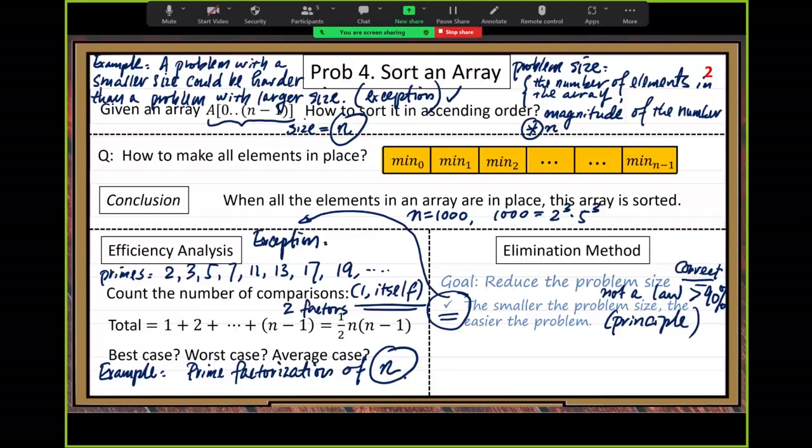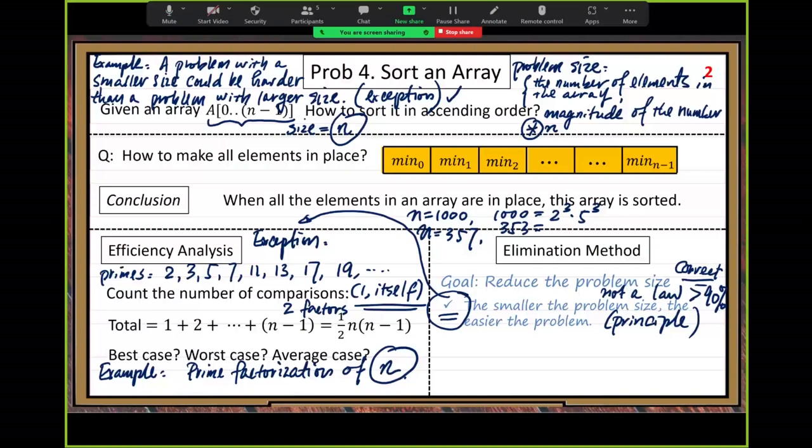Then, let me give you another question. N equals 357. The problem size is smaller, right? 357 is smaller than 1000. But if I ask you to do the prime factorization, is it much harder than factorizing 1000?